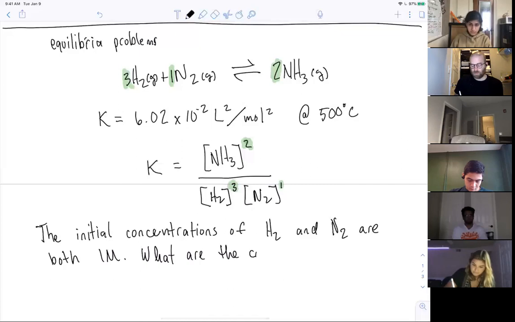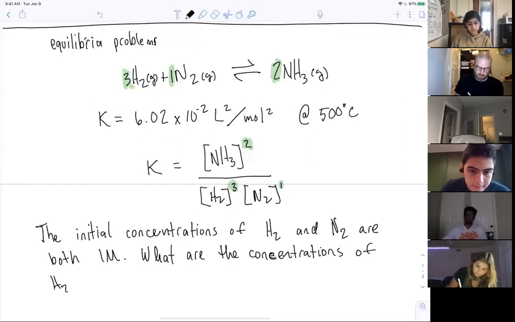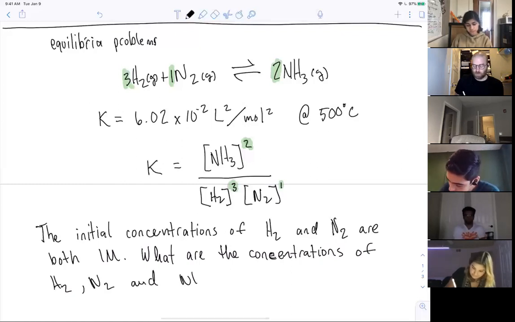What are the concentrations of hydrogen, nitrogen, and ammonia at equilibrium?